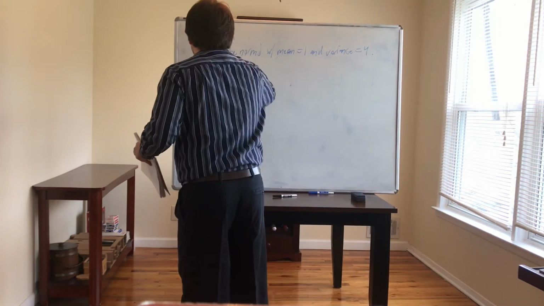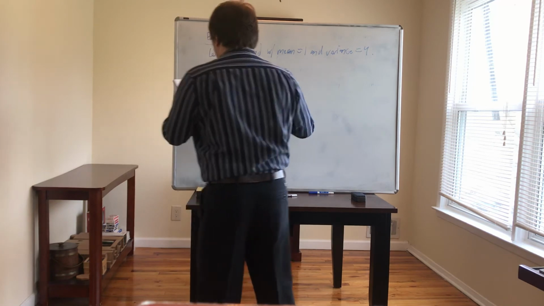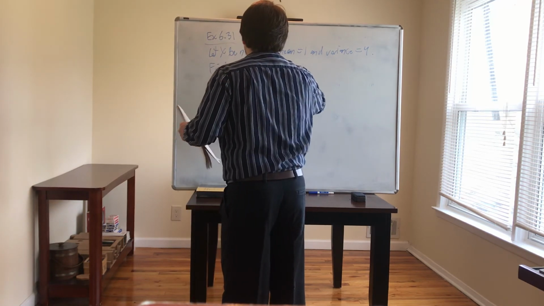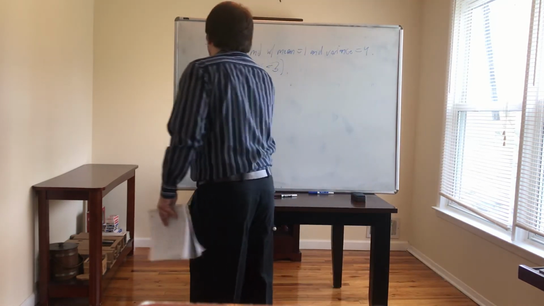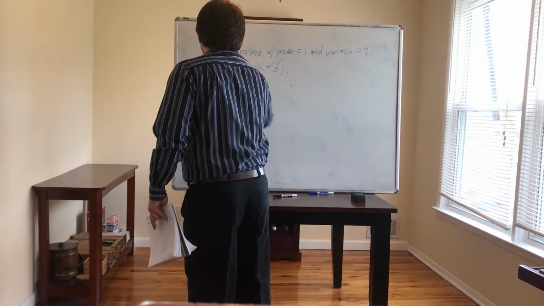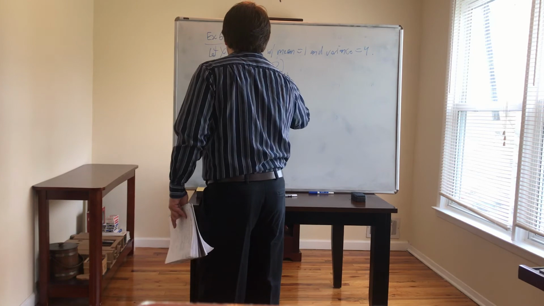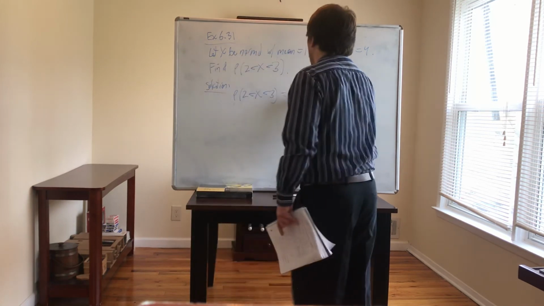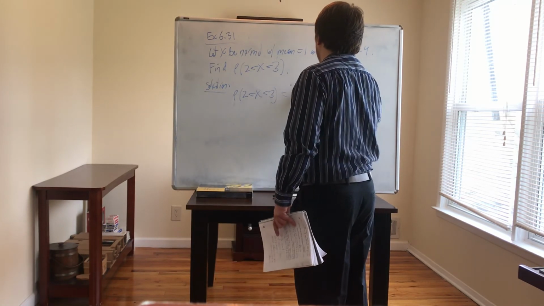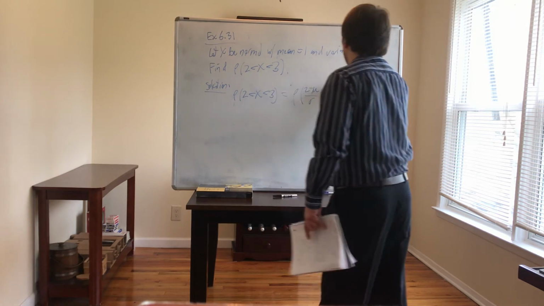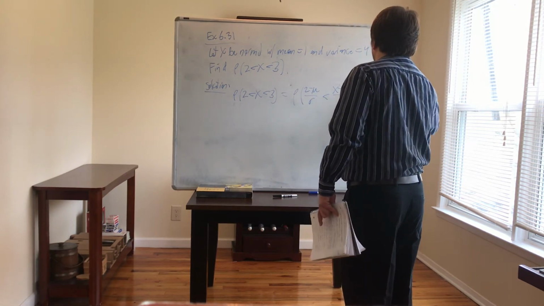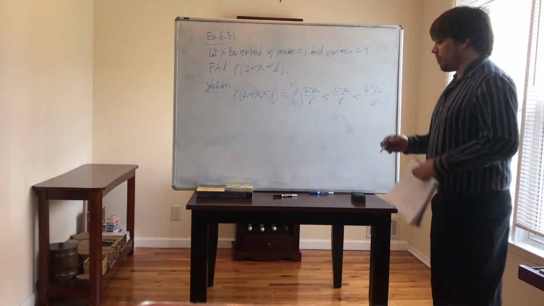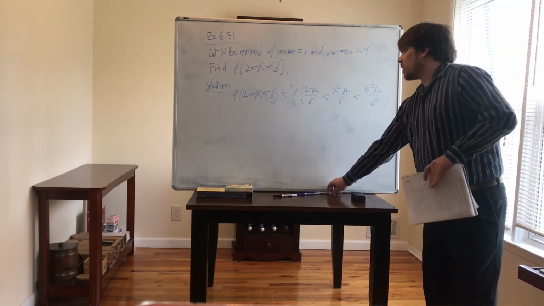Find the probability that 2 is less than x less than 3. So the solution is that the probability that 2 is less than x less than 3 is equal to the probability that 2 minus mu over sigma is less than x minus mu over sigma is less than 3 minus mu over sigma. That's directly from the previous board.